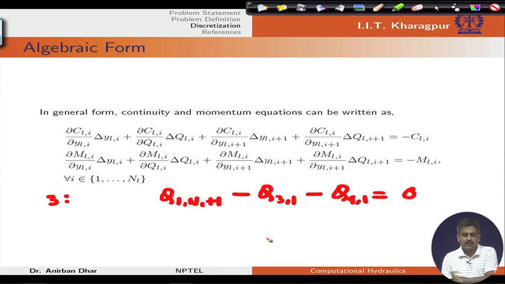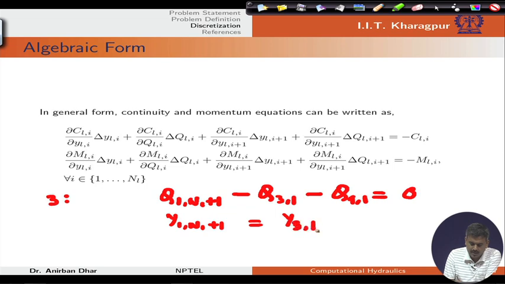So, this continuity condition should be satisfied, and we will have y1 n1 plus 1 equals y3 1 and y1 n1 plus 1 equals y4 1.